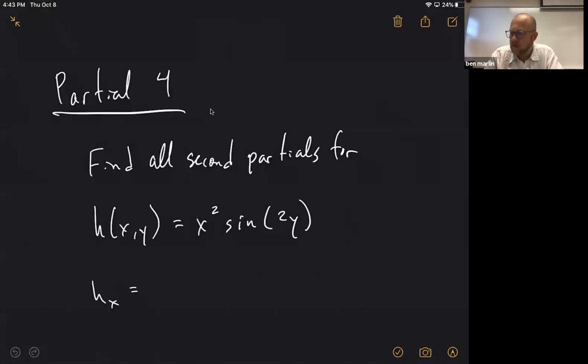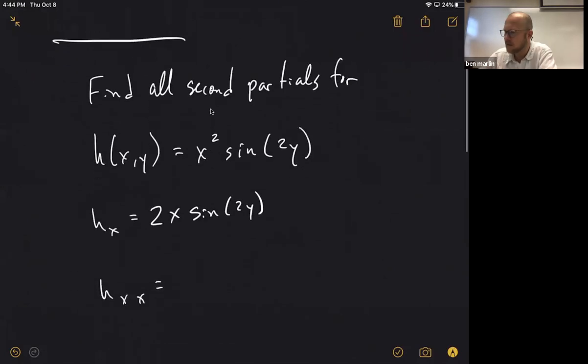So I want us to look at this example here, and we're going to make an important observation, okay? So we're going to tackle this. h sub x, this I think is one we did earlier, isn't it? Well, h sub x is going to be 2x, and we just leave that sine of 2y hanging on there, okay?